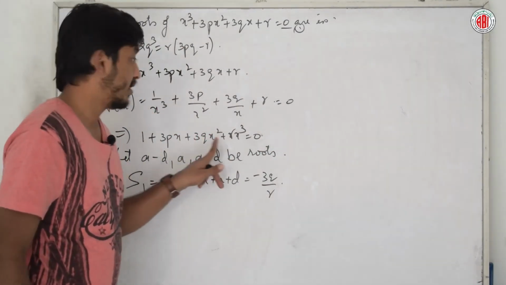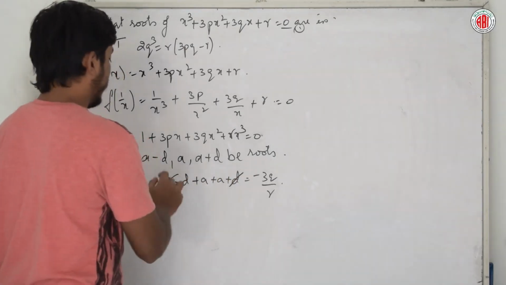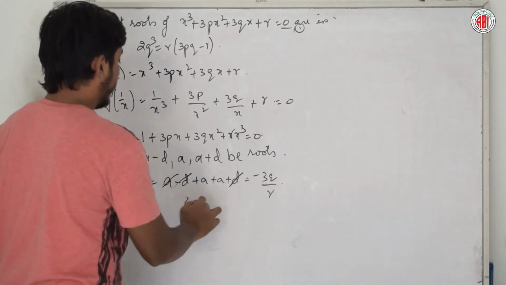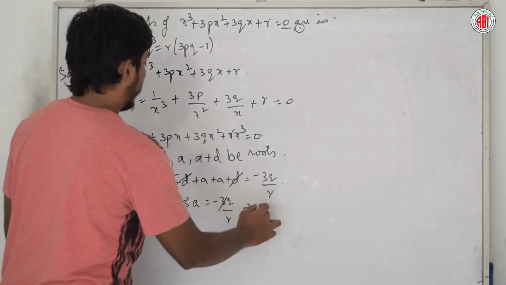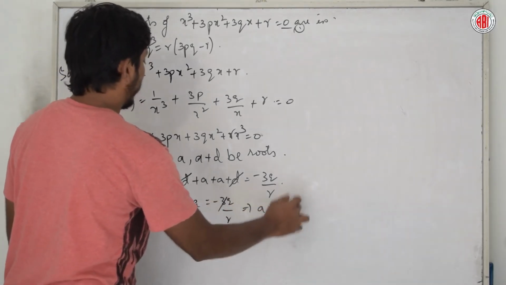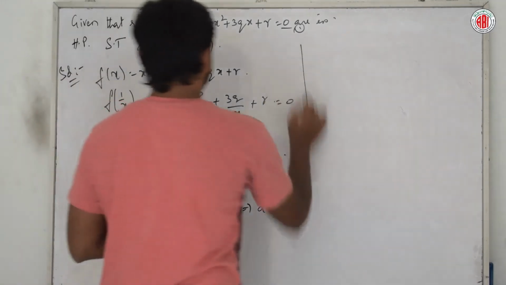Minus x square coefficient by x cube coefficient. Now if you observe, d and d will get cancelled, 3a is minus 3q by r, 3 will get cancelled, a is minus q by r. Now let us substitute a in this equation.